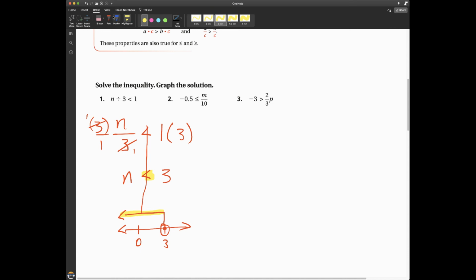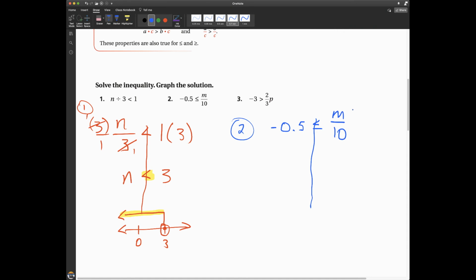All right, let's look at number 2. So that was 1, I should probably write 1. Here's number 2. For number 2, I have negative 0.5 is less than or equal to m divided by 10. So I'm dividing by 10.